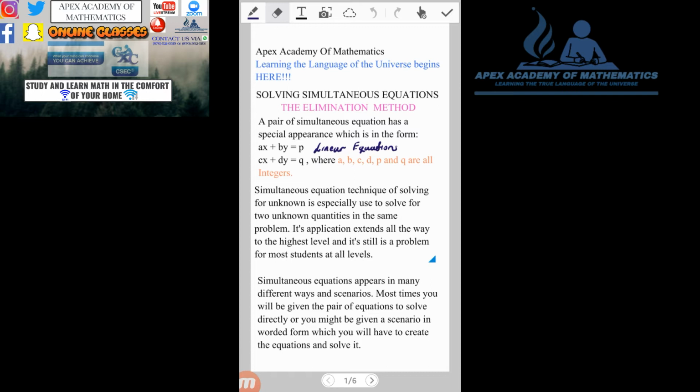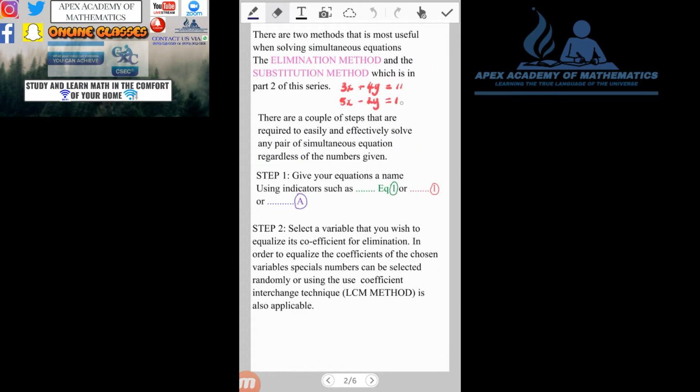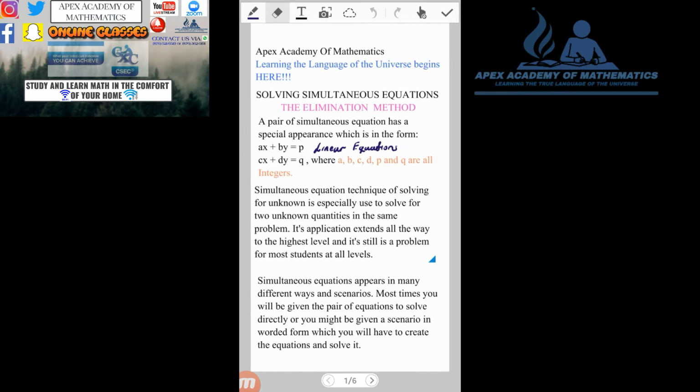Now there are different ways that simultaneous equations can appear. It can appear where you're given the equations, like for example, I've written the equation over here for you. This equation was given to us. But of course, there are scenarios that can be created, a typical scenario for CSEC or any problem in math, where, let's say, Adam went to the store to buy milk and cookies.